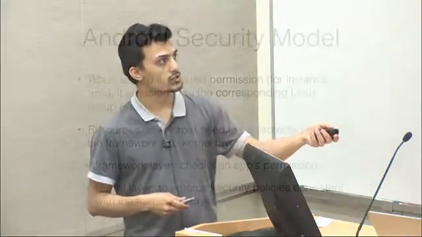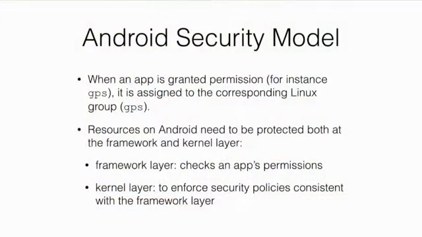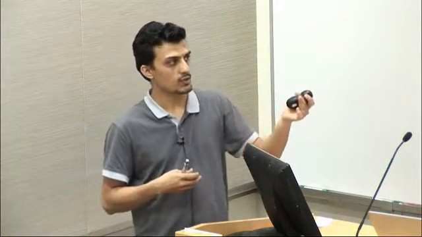So what happens is that at install time, when you give an app permission for some resource, the app is granted permission and it is assigned to the corresponding Linux group. So there will be a group, for example, for GPS, and then the app will be assigned to that group. This is how they check if the app has permission at the kernel layer.